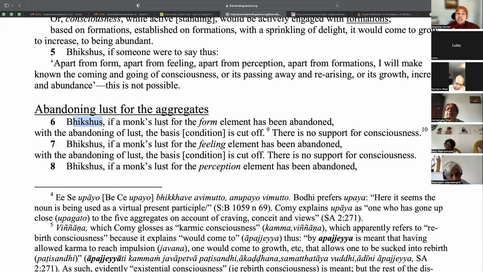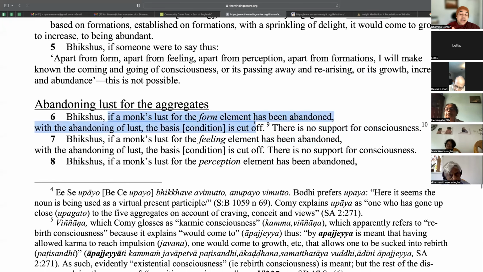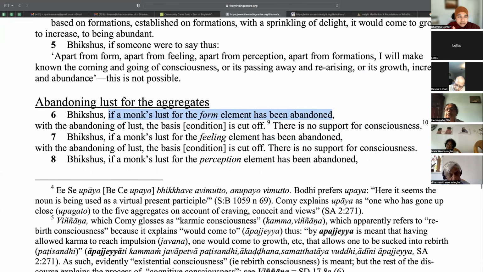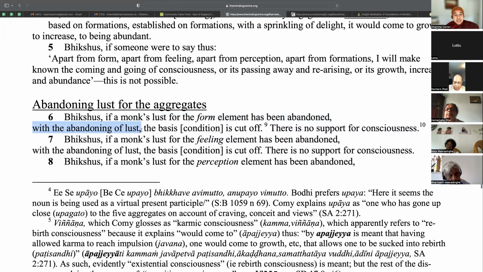Bhikkhus, if a monk's lust for the form element has been abandoned, with the abandoning of lust, the basis is cut off. There is no support for consciousness.